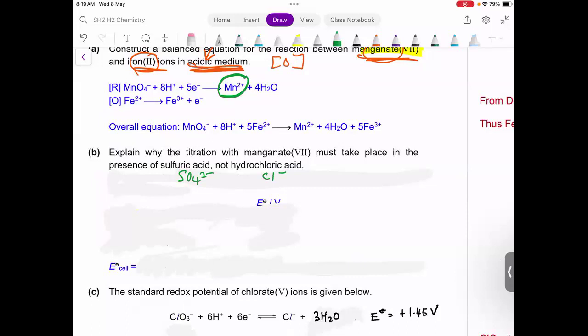Okay, so I need to consider reduction potential or oxidation potential. Oh, okay, reduction potential by default. So in this case, we know that manganate must undergo reduction. So this is my cathode. This means that my sulfate and my chloride must be the ones undergoing oxidation. So I must actively look out for these ions on the right side of the half equation.